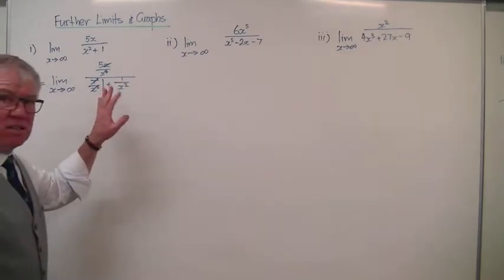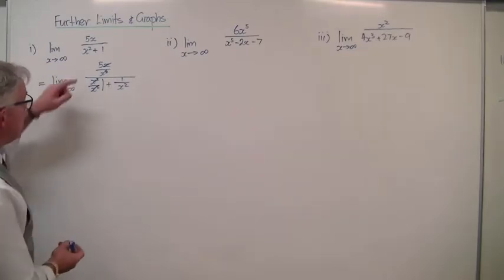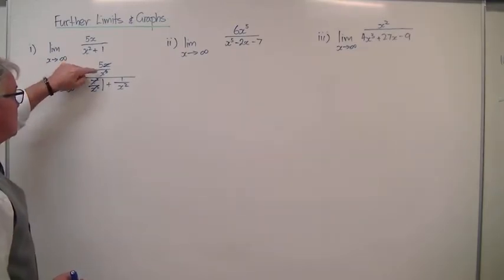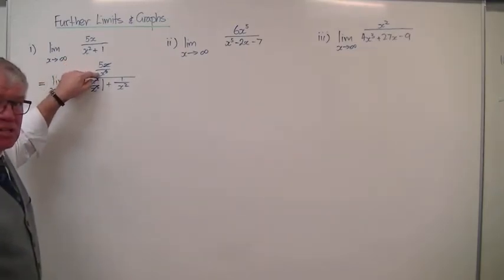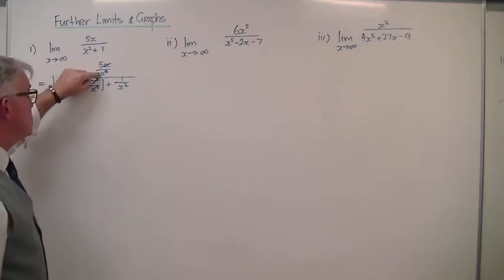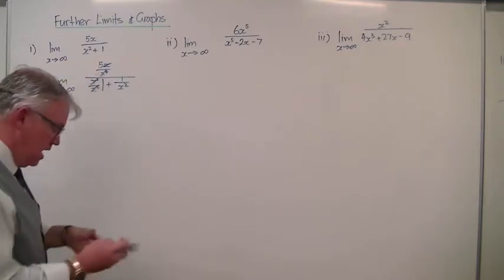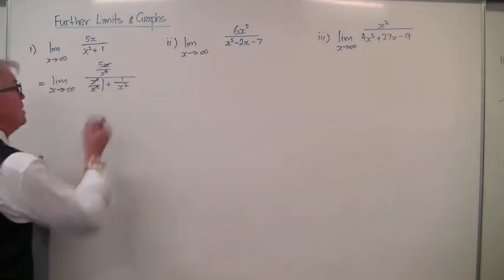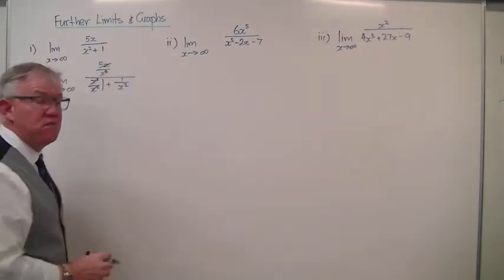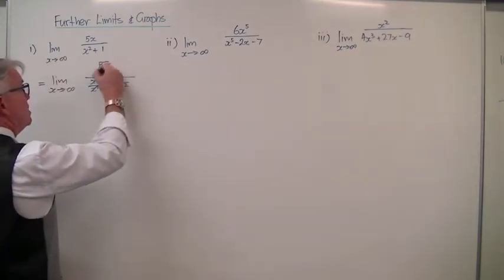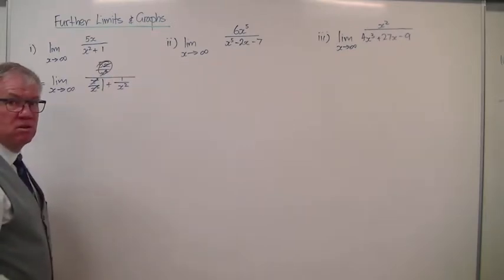Now let's look at that a little more closely. If I've got 5 over something that is infinitely large, then because the denominator is infinitely large, this whole thing will approach a value of 0. So that becomes a 0.